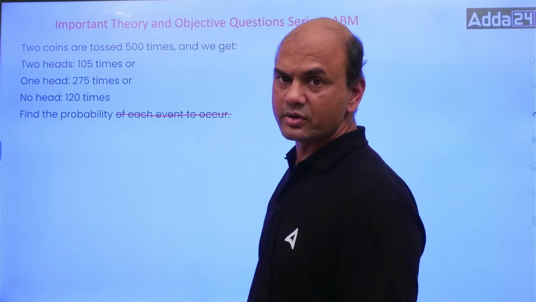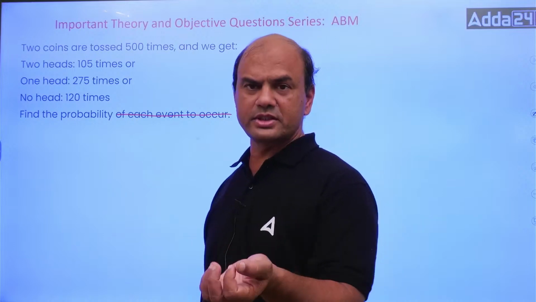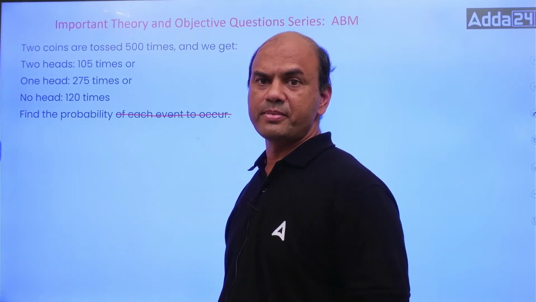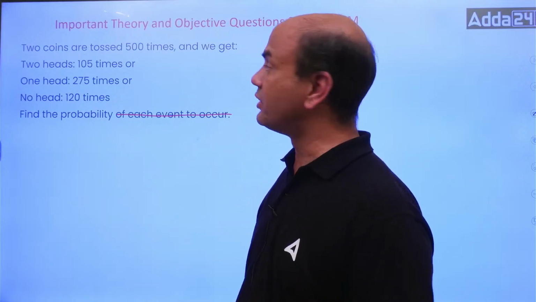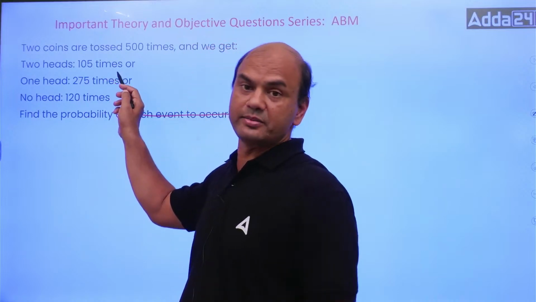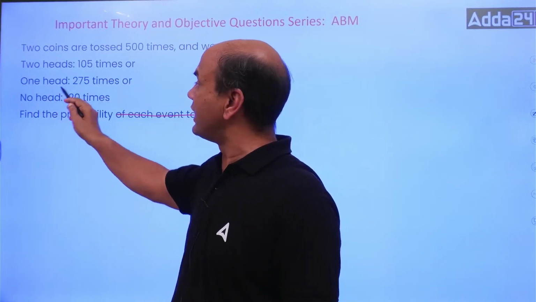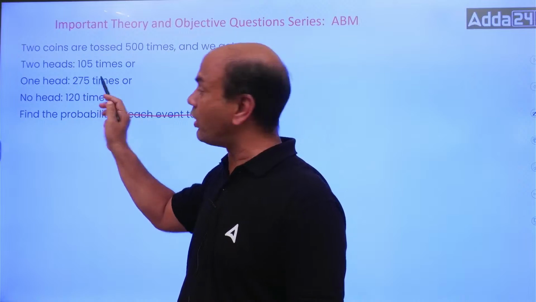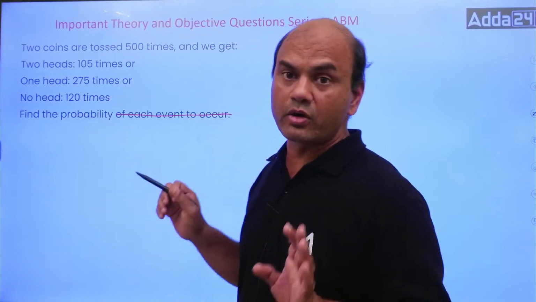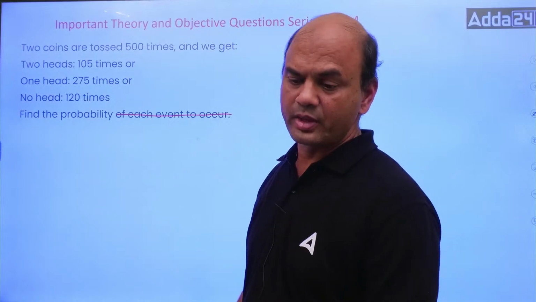I take 2 coins and toss them 500 times. So you want either 2 heads 105 times, or 1 head 275 times, or no head 120 times. This is the probability you require. Or means plus.